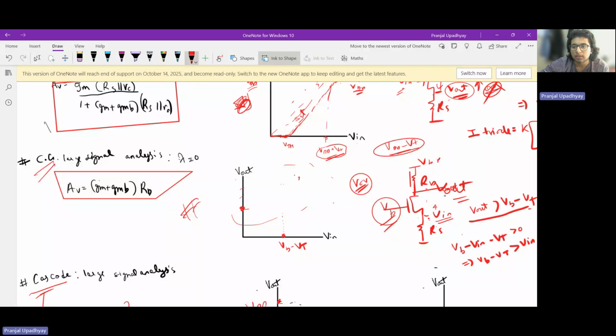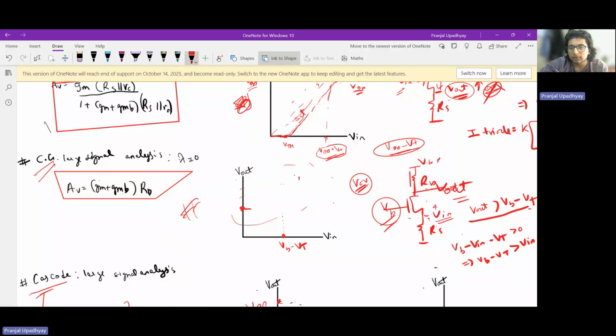So Vout value is kind of low, which means that initially when Vin is 0 and it starts to increase a bit, the overdrive voltage is basically greater than the drain voltage, right?